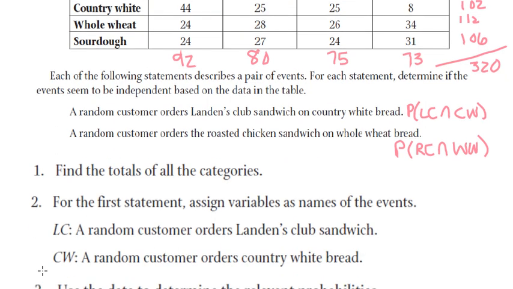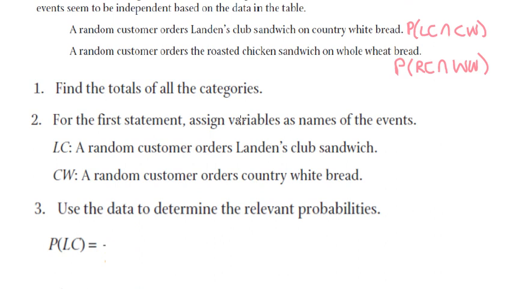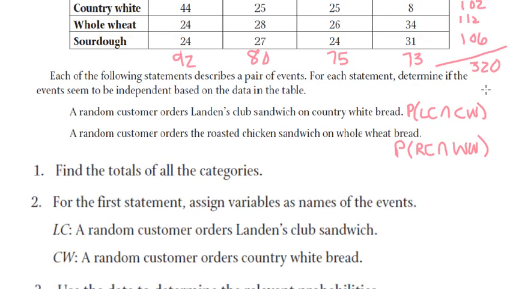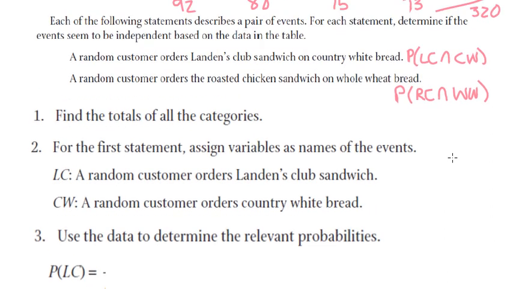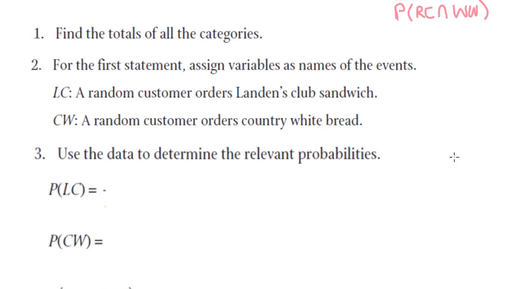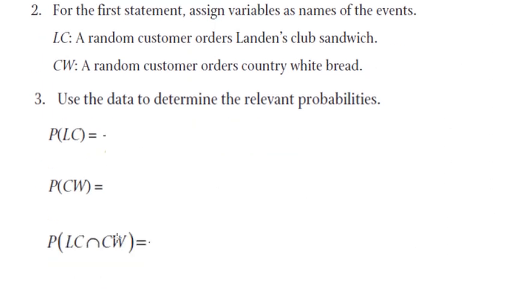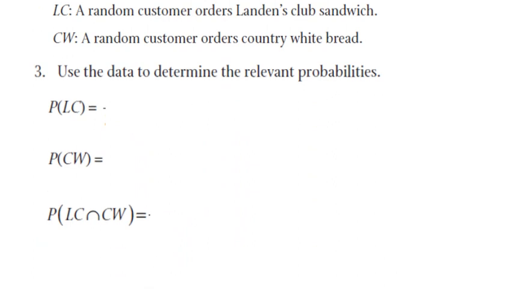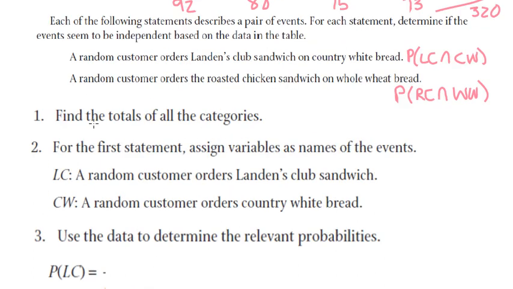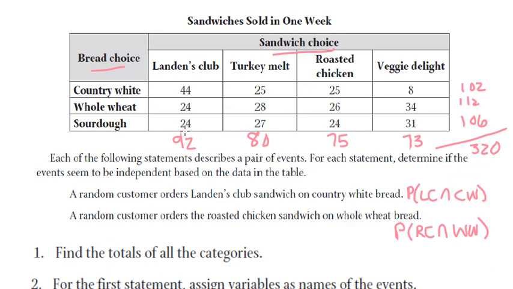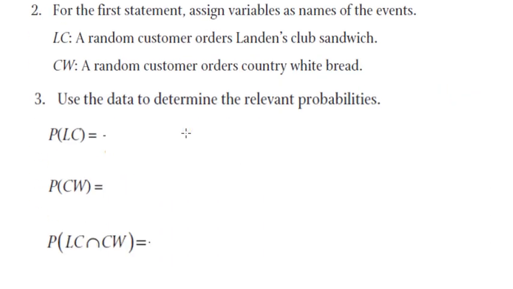So we've got LC and CW for that first person here. And basically, we're trying to determine whether or not these are going to be independent events. So, what I need to know if they're going to be independent, I know that the probability of both will be equal to the probability of each multiplied by one another. So, the probability of LC is 92 over 320.